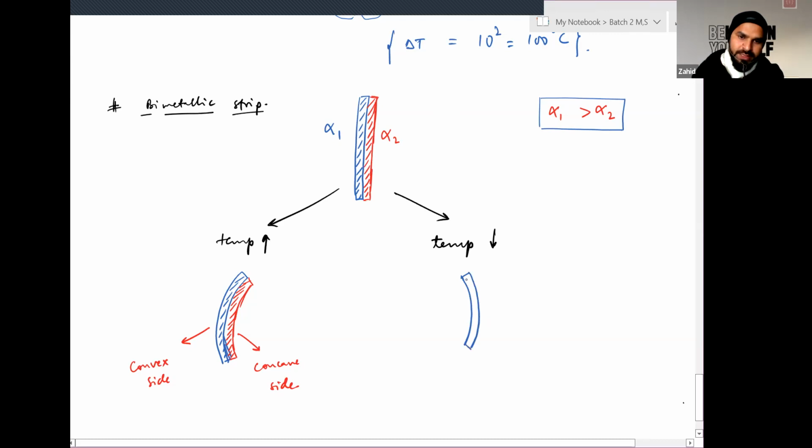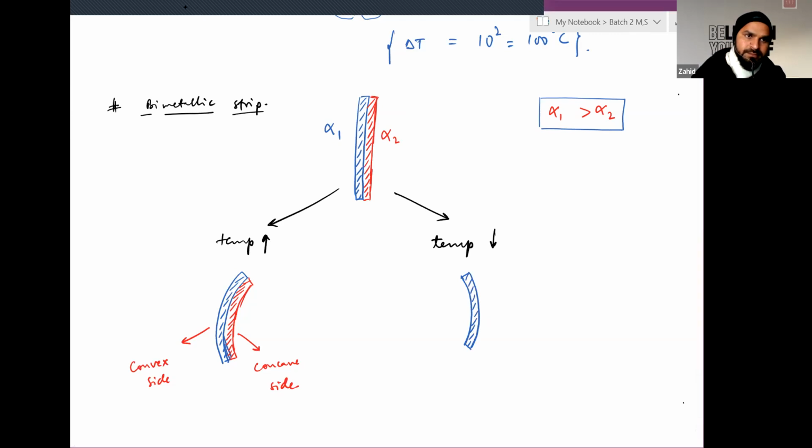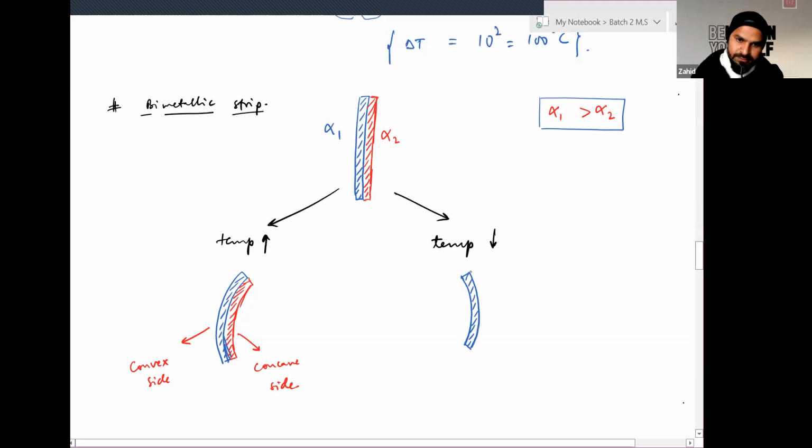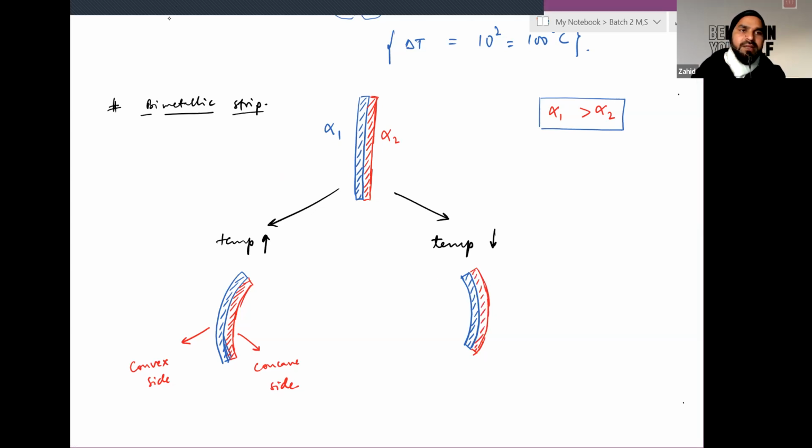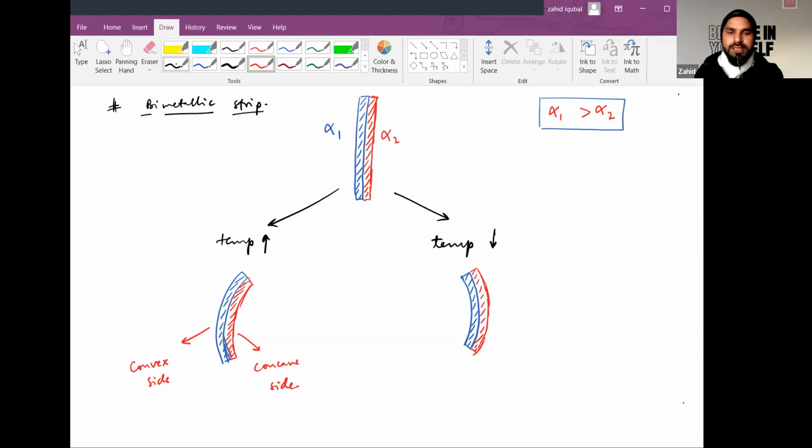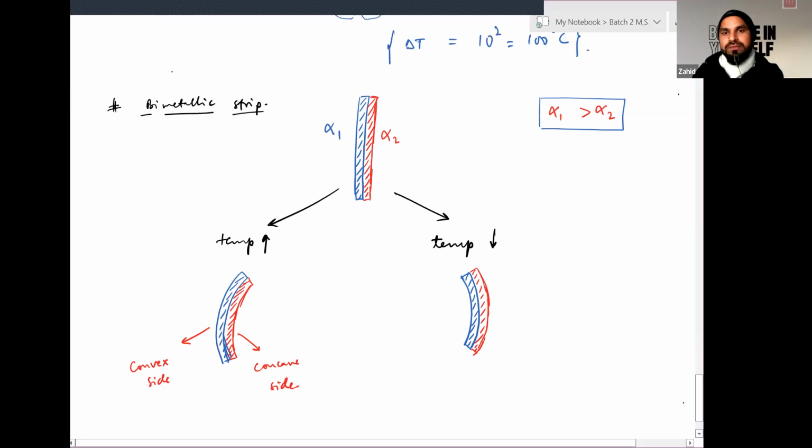Let me define its reason. Since alpha defines the rate at which it is expanding, similarly, alpha also defines the rate at which it will contract. So on changing the same amount of temperature, on heating, the blue rod will expand more as compared to the red one.